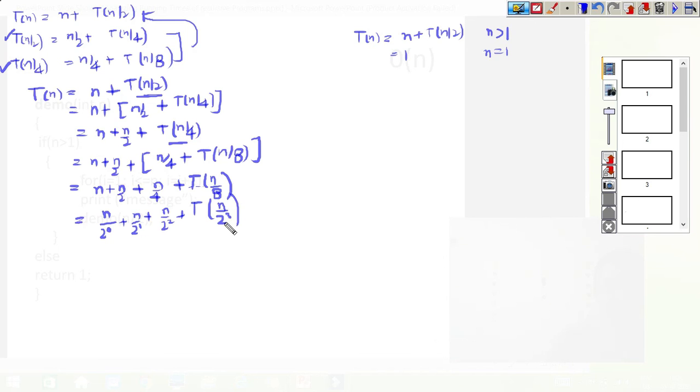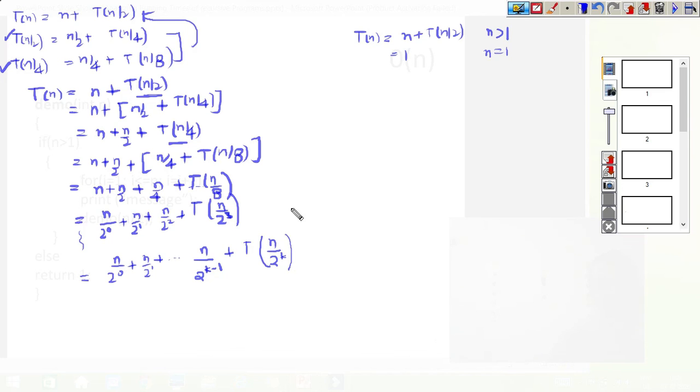That means if I want to get the kth term, then kth term will be n/2^0, n/2^1, up to n/2^(k-1) plus T(n/2^k).